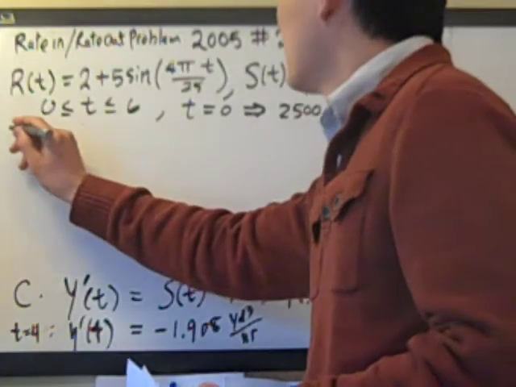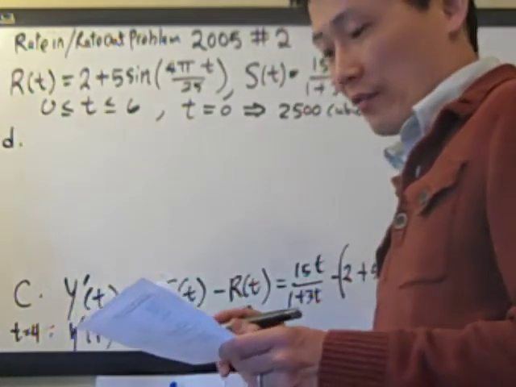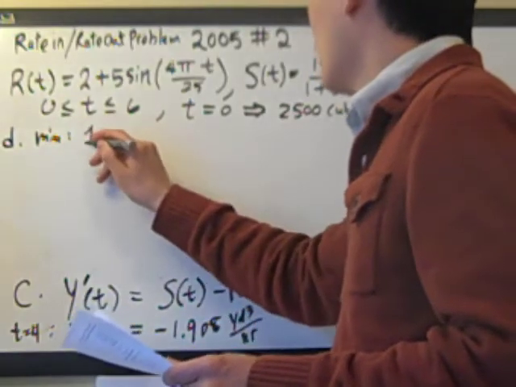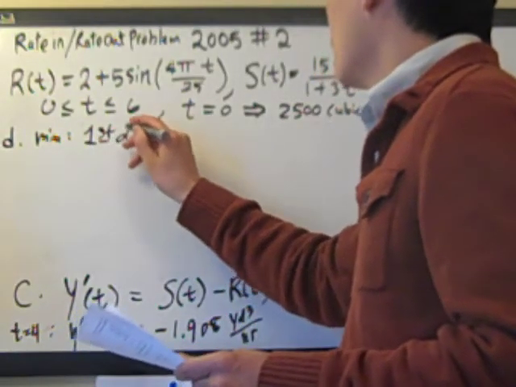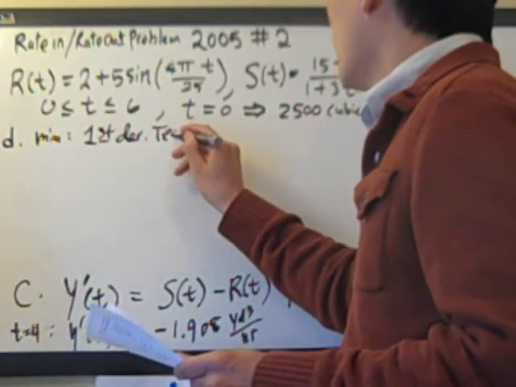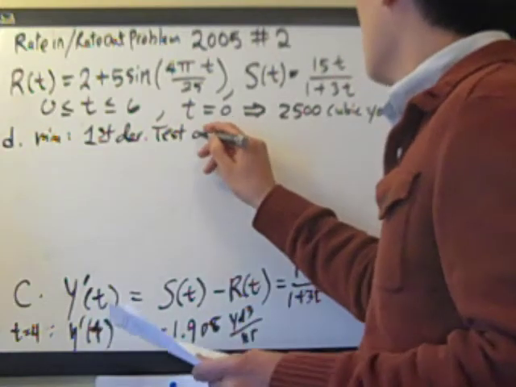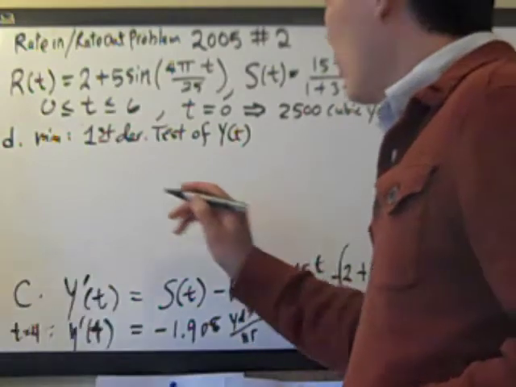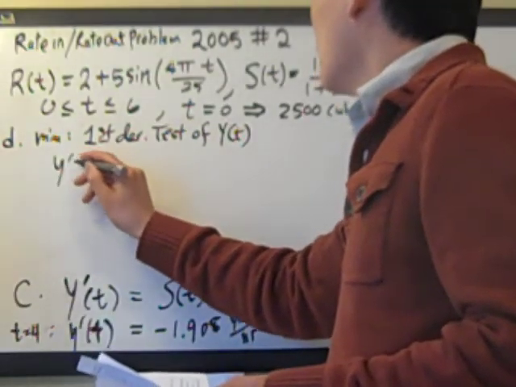So part D is asking for a minimum. So we know that this has to do with the first derivative test of the actual amount y of t. So we have to take y prime of t.